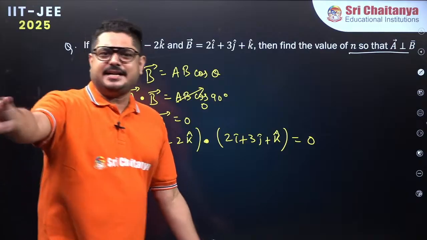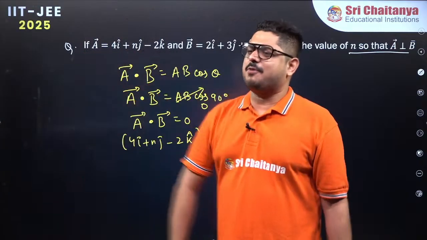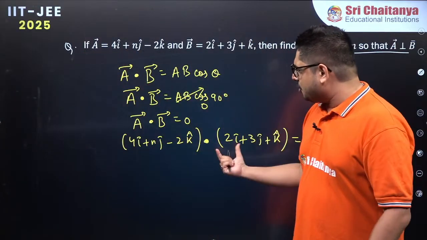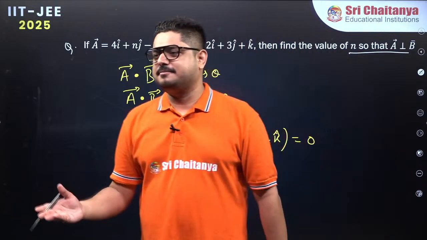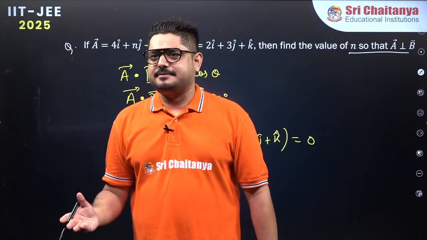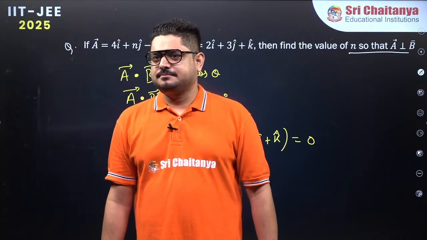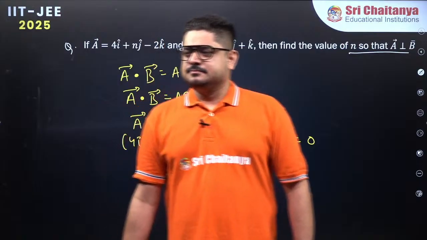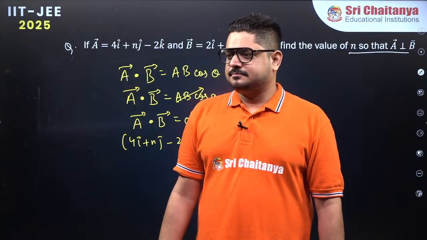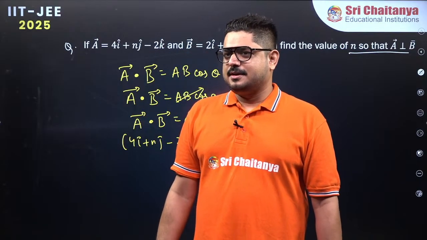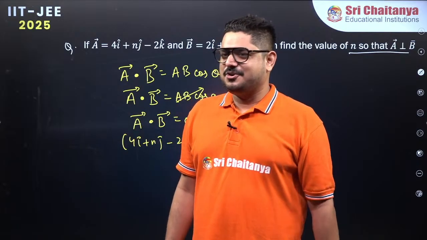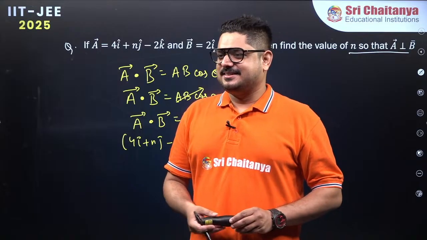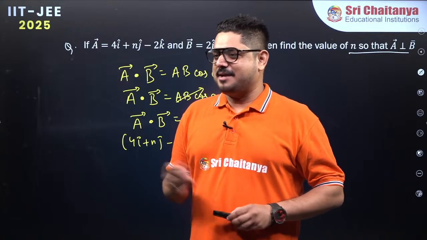Now can you write down the dot product expression in the chat box? Nikhil, I'm asking you to write down the expression of the dot product, not cos 90, and not the answer.